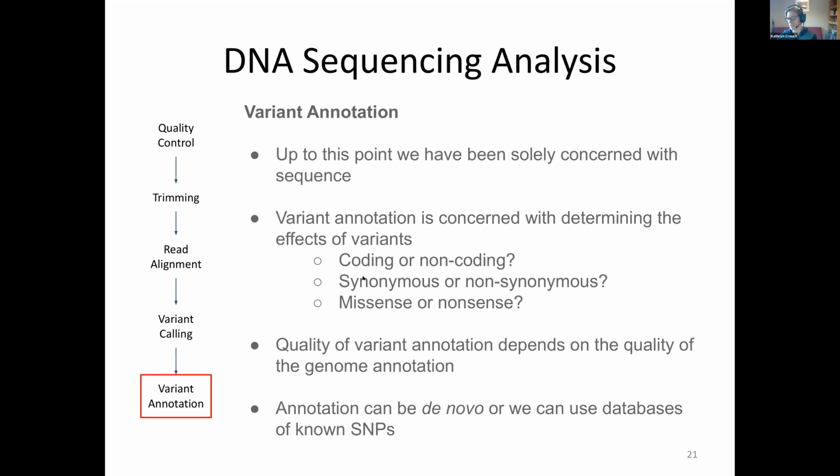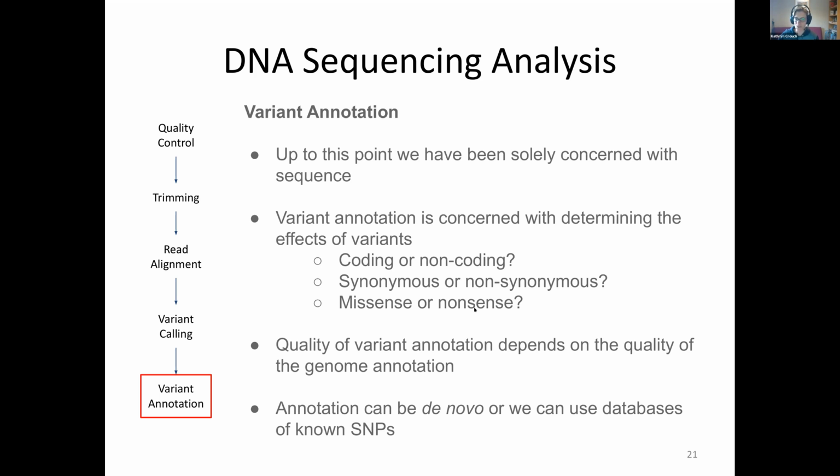If they're in a coding region, are they synonymous or non-synonymous? So does the protein change? If the protein is changing, is it just one amino acid that's changing, or have we introduced a stop codon and truncated it entirely? If we've changed an amino acid, is it something relatively conservative, like a leucine to an isoleucine, or have we done something like changed a glycine to a phenylalanine, which would have a much bigger effect?